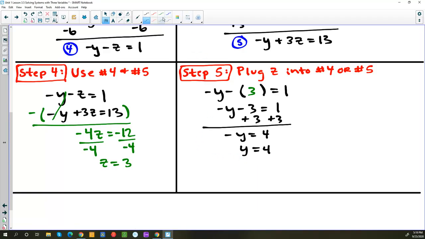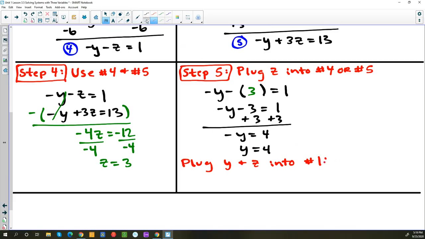So then part of this step, you want to plug y and z into anything, but in particular for this case, you want to plug it into number 1.